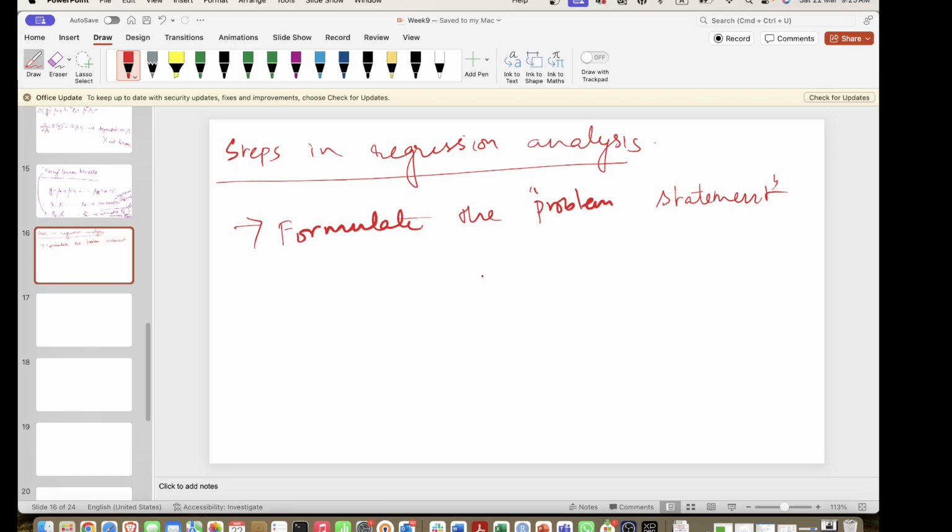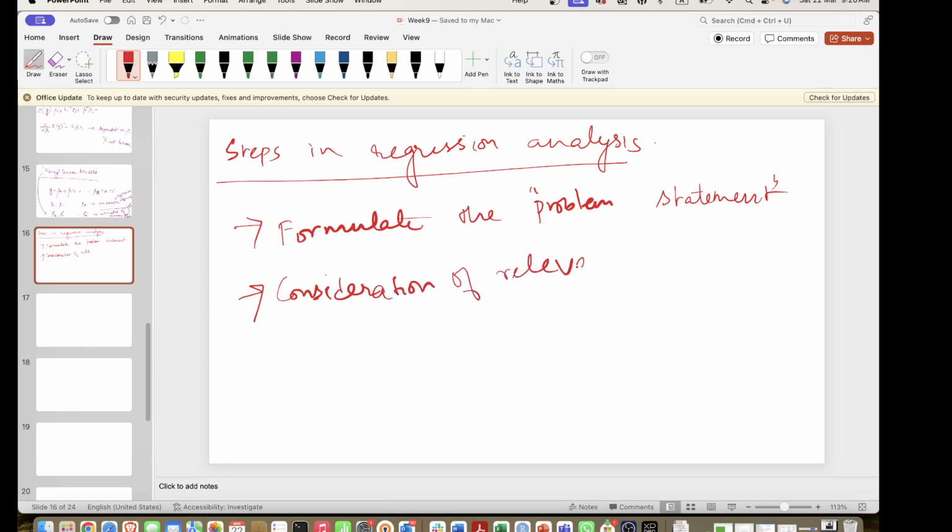In the second example, we were trying to assess what could affect the price of an apartment. So in both the cases, if you see, we took some relevant variables.